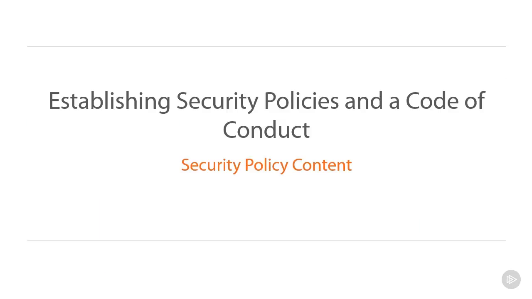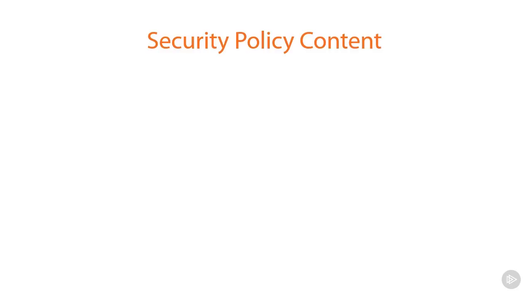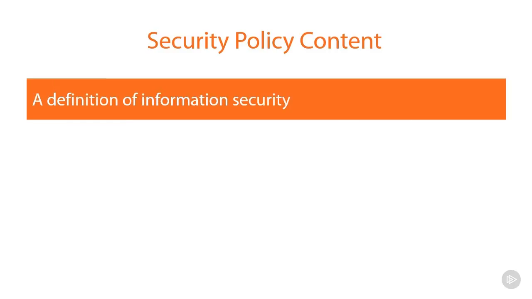Now let's take a look at the content of a security policy. The policy document should contain statements and detailed information concerning the following topics. First of all, a definition of what information security is to that organization should be clearly stated within this document.